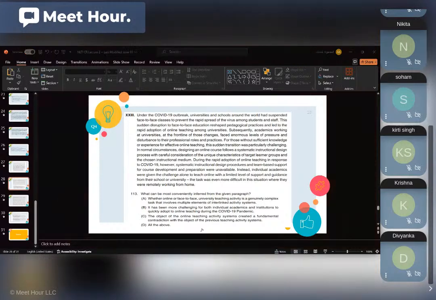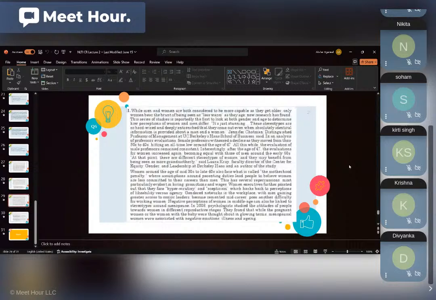Yeah, perfect. Okay, I'll move on to the next slide. This is a slightly bigger passage. Let me know if you can see the new slide. Is the new question visible?